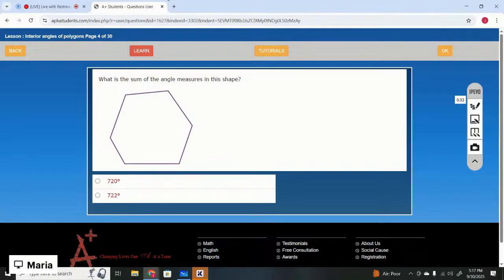Again, we can make four triangles, right? So 4 times 180 equals 720.